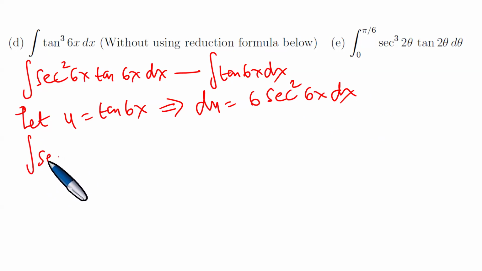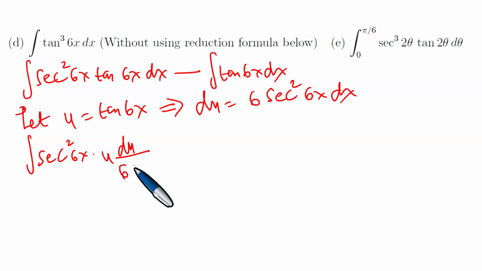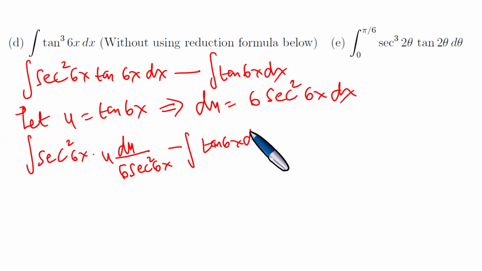So that now you have the secant to the 6th power, or rather the secant squared of that, and then the tangent is u. The dx is du over 6 secant squared of 6x. Okay, this one is okay, which is the tangent of 6x dx.